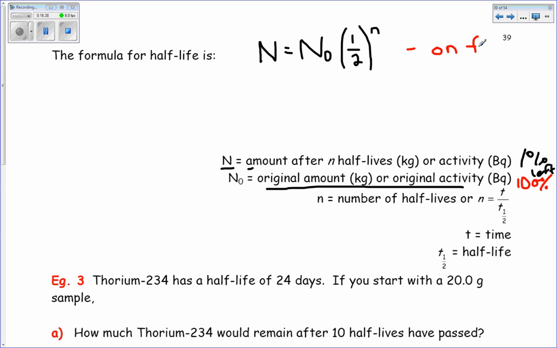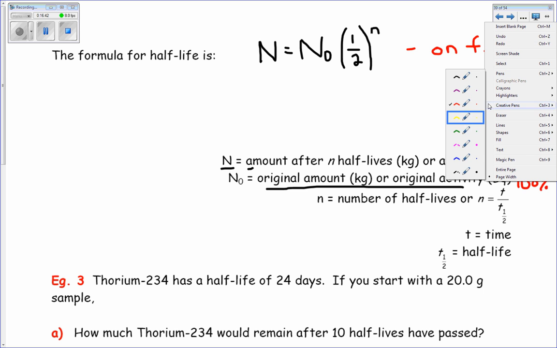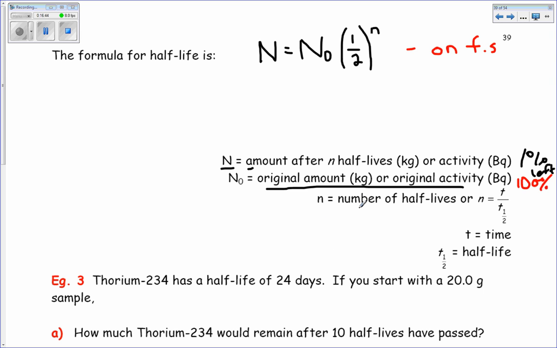What you actually have to remember is what that n stands for. n is number of half-lives, or time over half-life, T over T1/2.